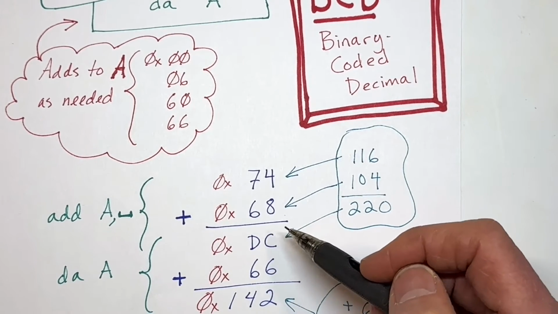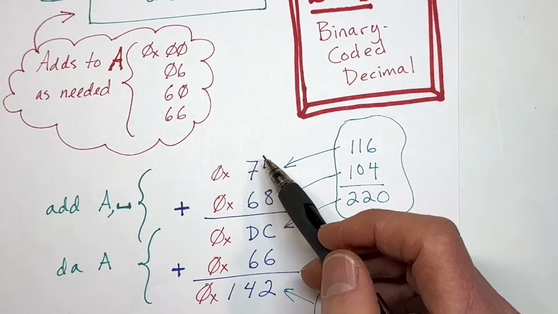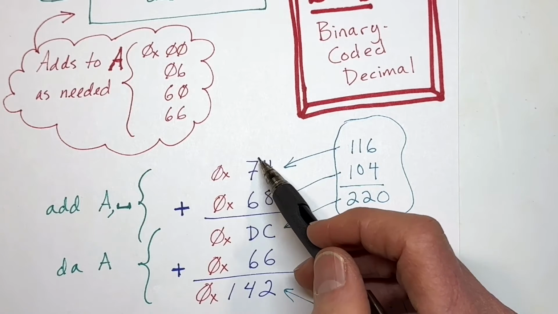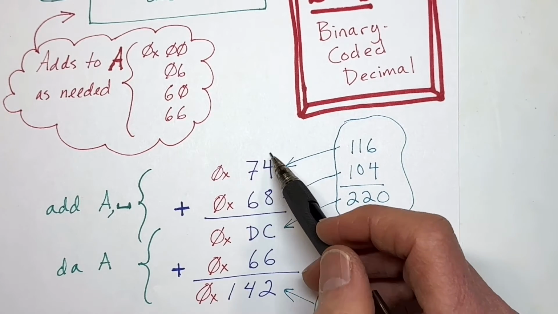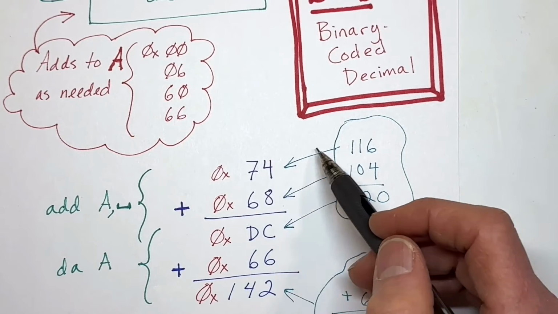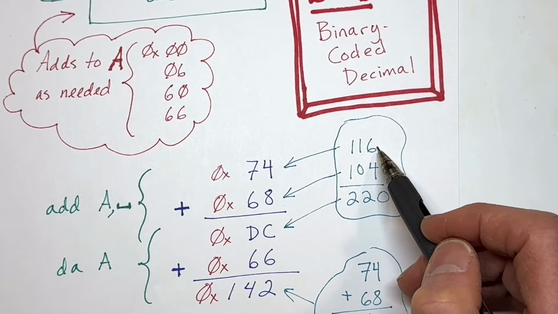But we could interpret those as decimal numbers. In other words, we could interpret this hex 74 as a decimal number. Normally it's a binary number, so it corresponds to 116 as a decimal number.